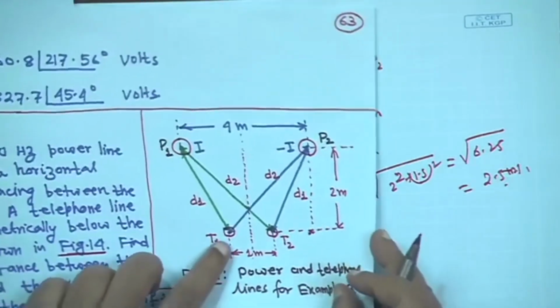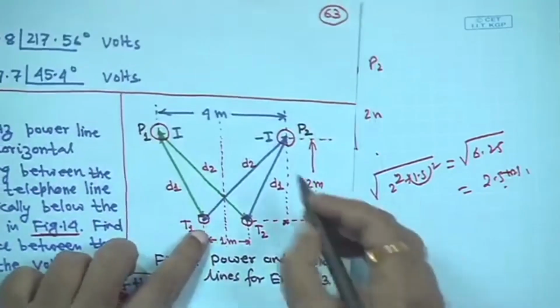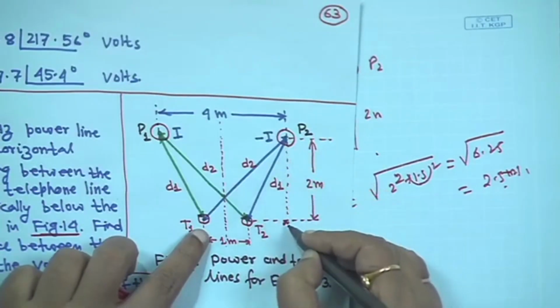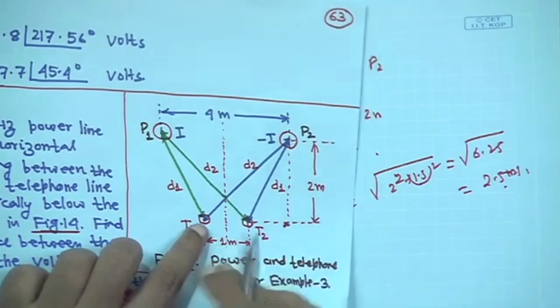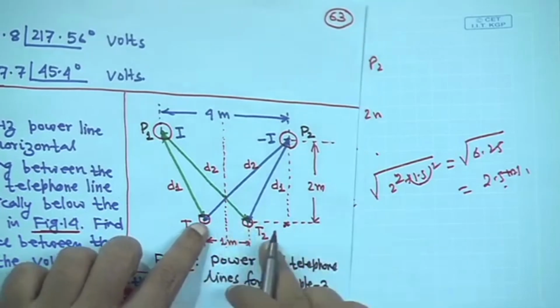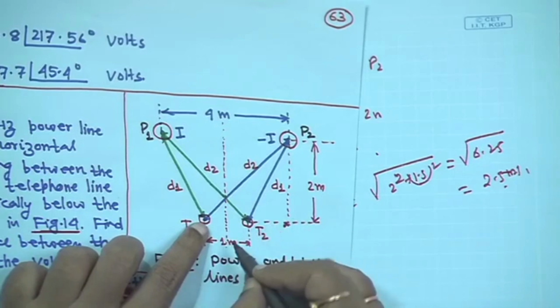Similarly, when you calculate D2, in this case this is 2 meter as usual, right, and from here to here you have to find out that here it is 1.5 and this is 2.5, right.